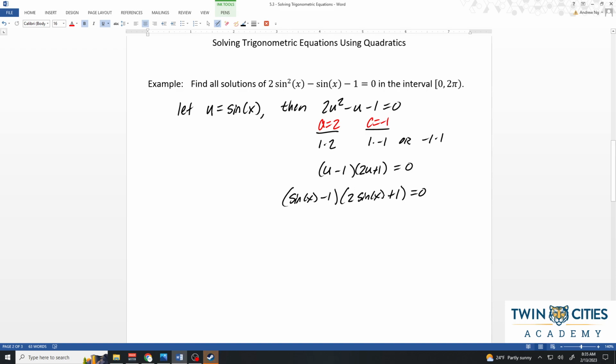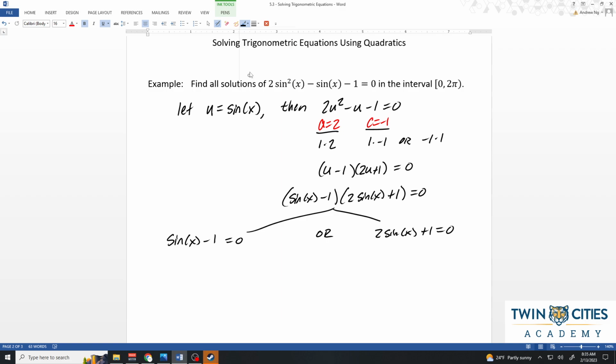I don't know which one necessarily, so what I've got to do is split this up and say, what if sine of x minus 1 equals 0? Or what if 2 times sine of x plus 1 equals 0? What would happen in either of these cases?